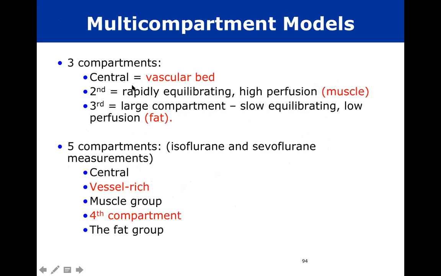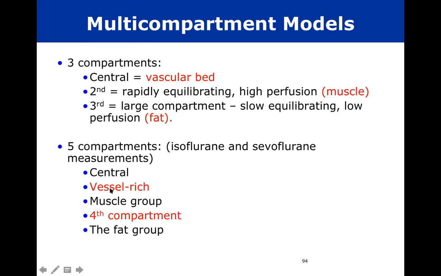There are either 3-compartment or 5-compartment models. In a 3-compartment model, there is the central vascular bed, the second is rapidly equilibrating, highly perfused tissues like muscles, and the third is the large compartment with slow equilibration and low perfusion, for example fat.